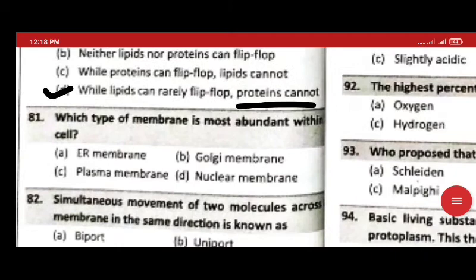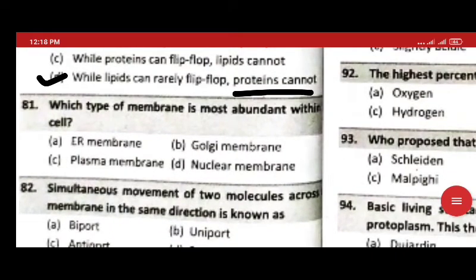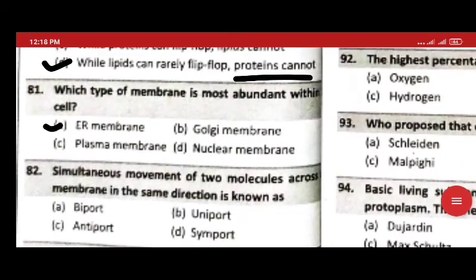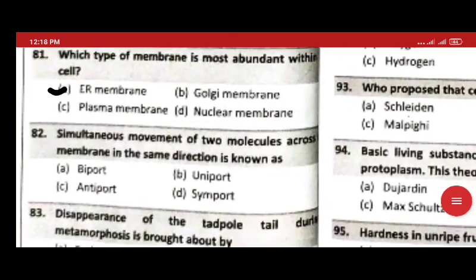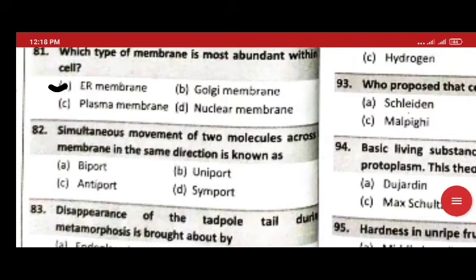80D. Now 81, which type of membrane is most abundant within cell? Most abundant in the cell is ER membrane, because it forms mainly. Now movement of two molecules across membrane in the same direction.